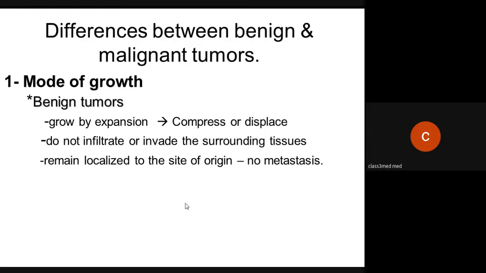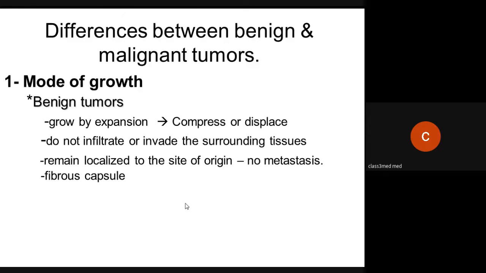Because benign tumors don't invade the surrounding tissues, they are well demarcated from them, can easily be excised during surgery, and are usually surrounded by a fibrous capsule. This capsule results from compression of the surrounding connective tissue of the host.